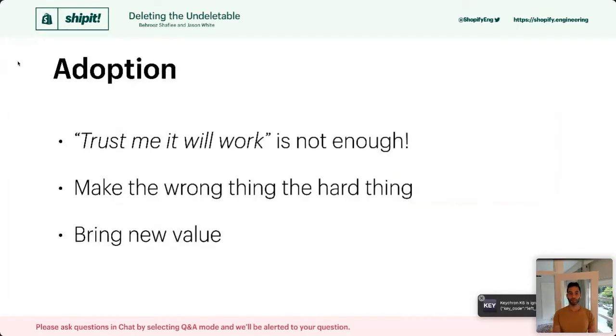For the problem of adoption, we realized that proving the accuracy and scalability of our tooling was key. So we used the very same techniques that the data team used to show what they call reconciliation and accuracy of our data set.